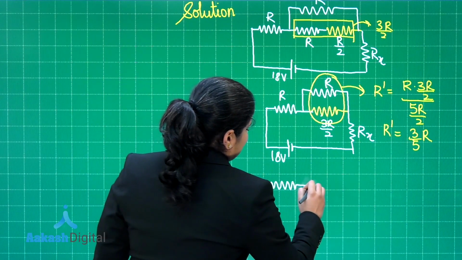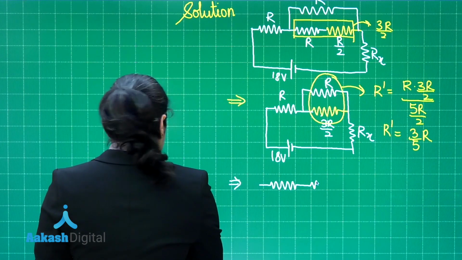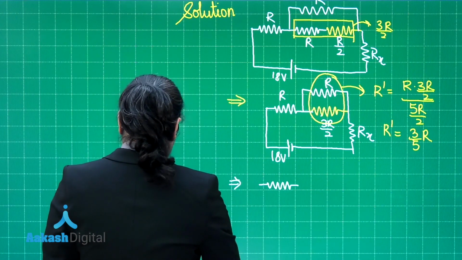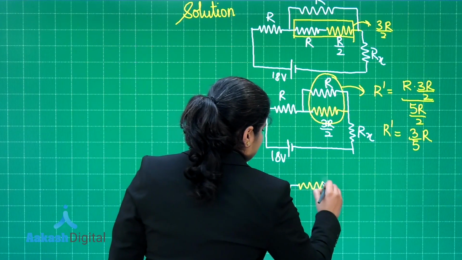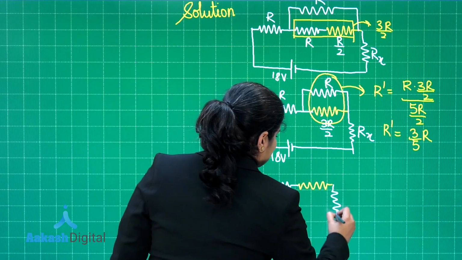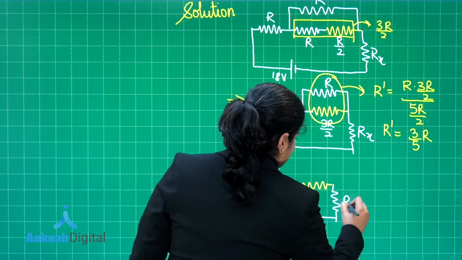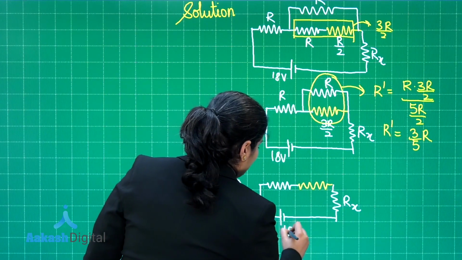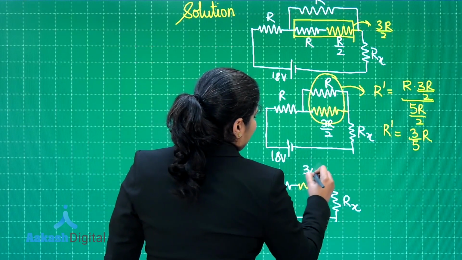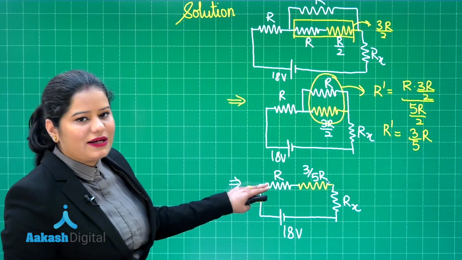So this is, let me just draw this with the other color. This is Rx, this is 18 volt, this is R, and this is now 3 by 5 R. Now bacha, this 3 by 5 R and R are connected in series.